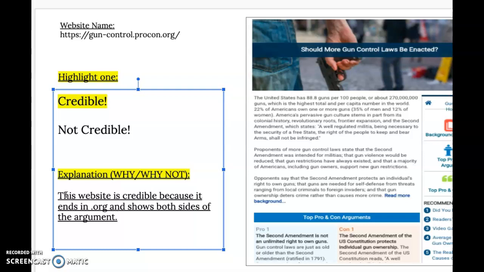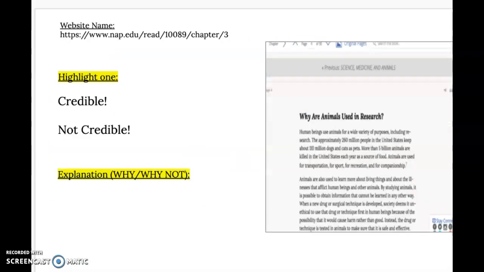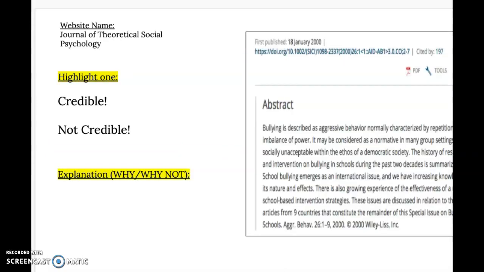Okay, so it's not biased. All right. Okay, you're going to do the same with the next 5 examples, and then please turn it in. All right.